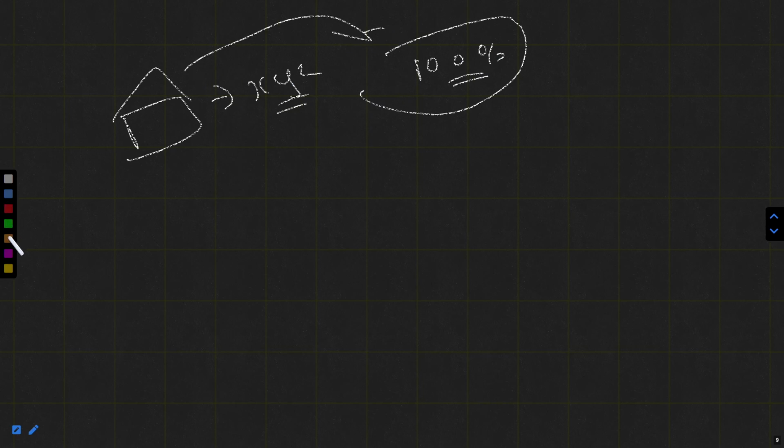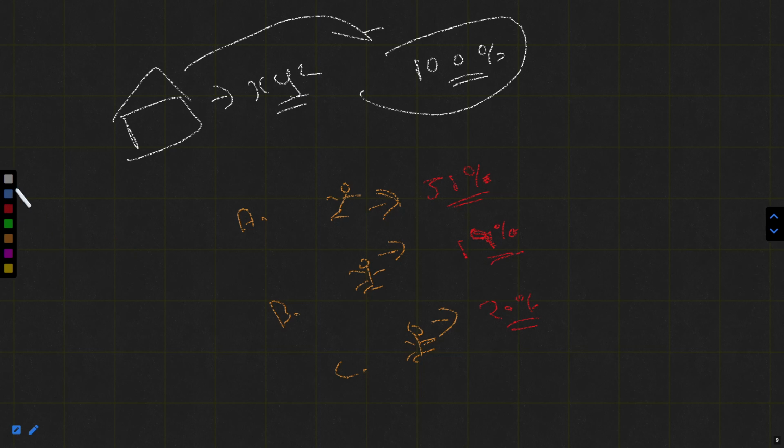We have three people here: Mr. A, Mr. B, and Mr. C. Mr. A owns 51% of the stakes, Mr. B owns 19% of stakes, and Mr. C owns 20% of stakes.